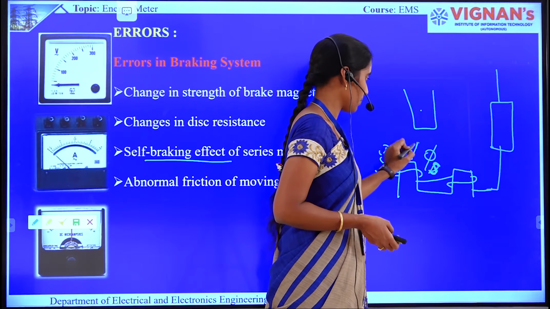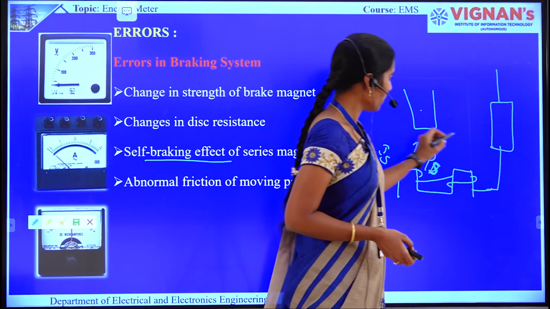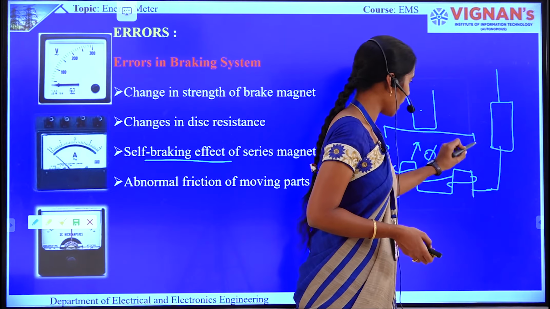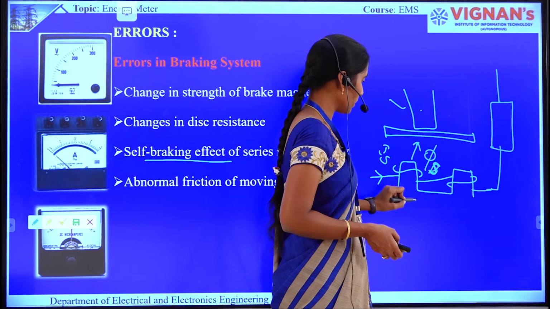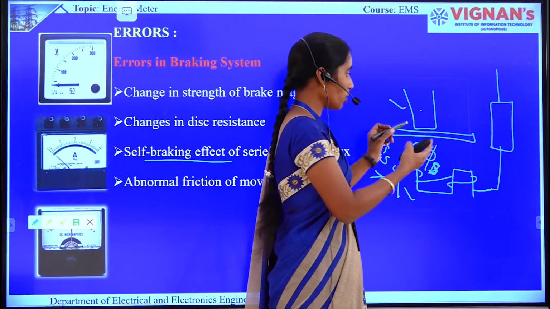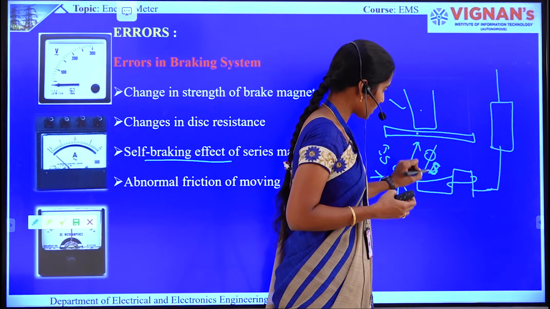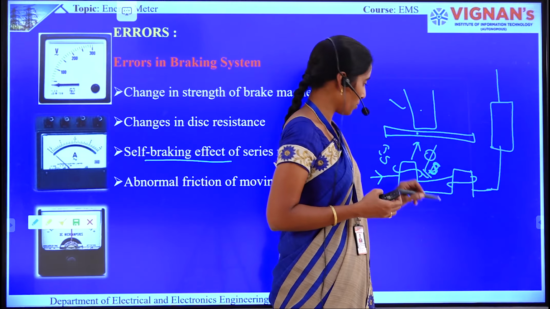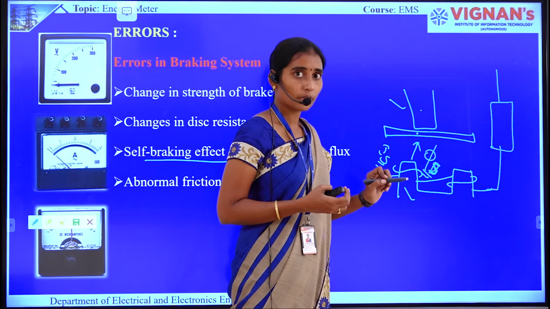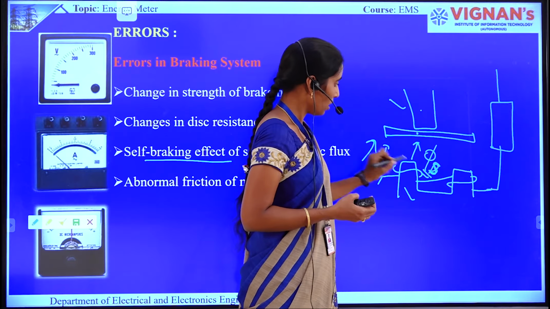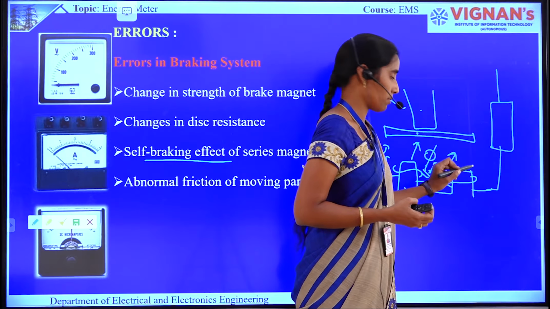So if this current is more, the flux produced by this current is also high. The aluminum disc, which is placed in the air gap between the shunt and the series magnet, is rotating, so what is happening? This aluminum disc is cutting the magnetic flux produced by this current Is. Since this current is more, this flux phi s is also more.